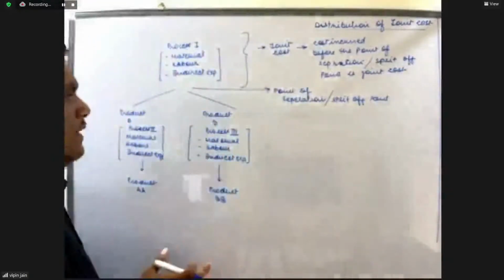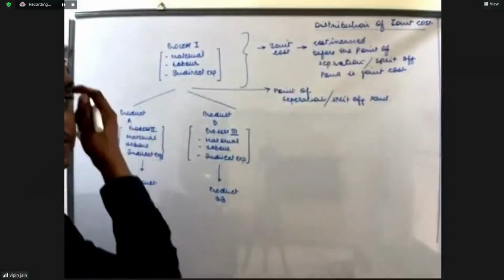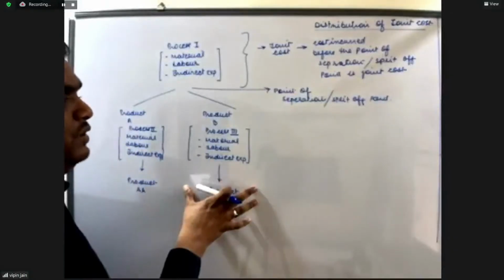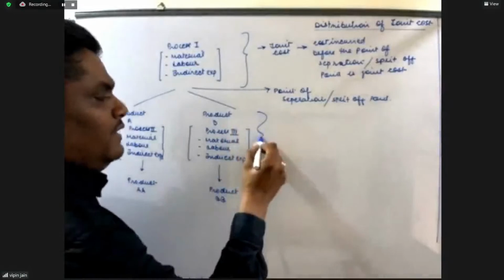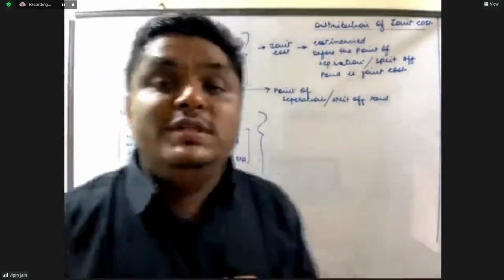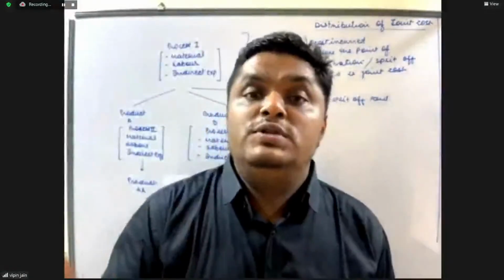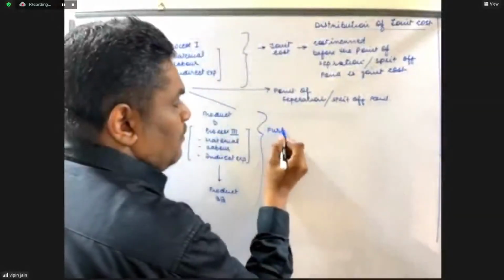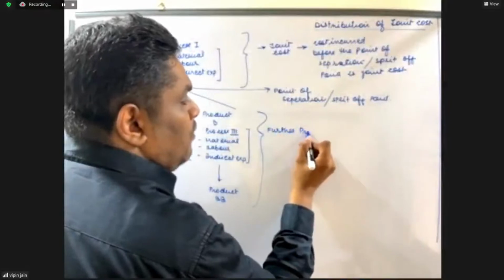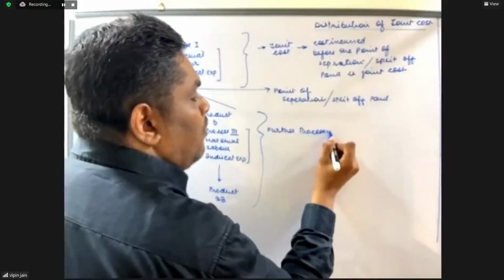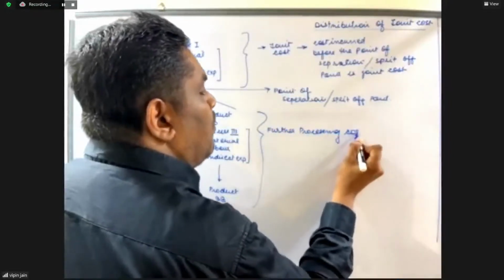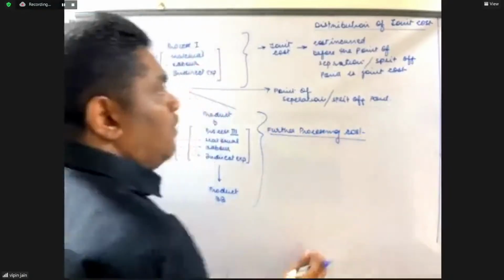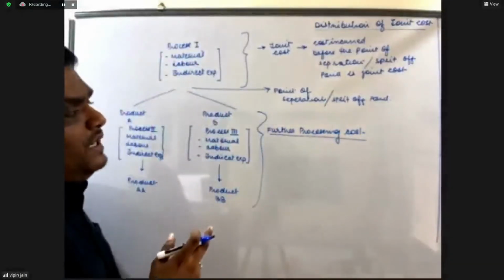Further, there is one more term I want to discuss, which I'll be using throughout the chapter. That is the further processing cost. Now, what is further processing cost?